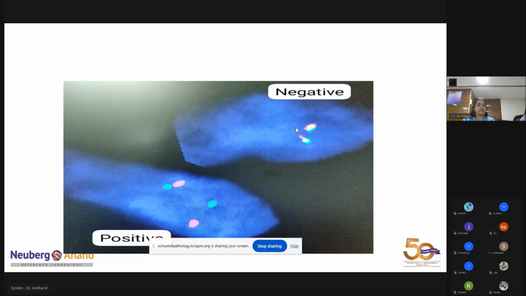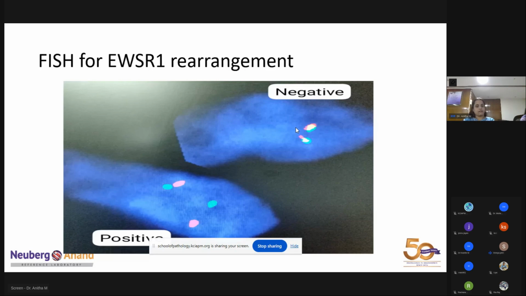So to confirm our diagnosis, we did FISH for EWSR1 rearrangement, which was positive. Yes, ma'am. So our diagnosis was angiomatoid fibrous histiocytoma. This is basically a diagnosis of exclusion with IHC and correlating with morphology, with finally positive EWSR1 rearrangement.